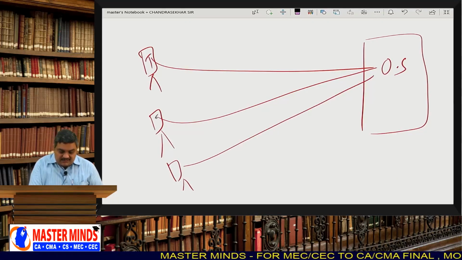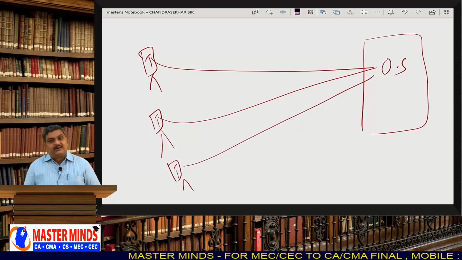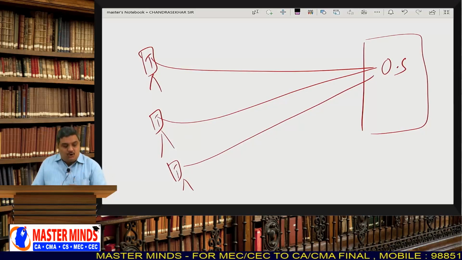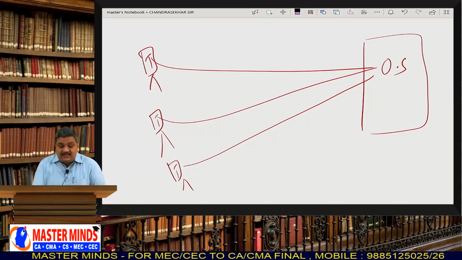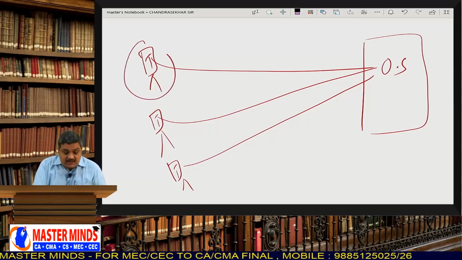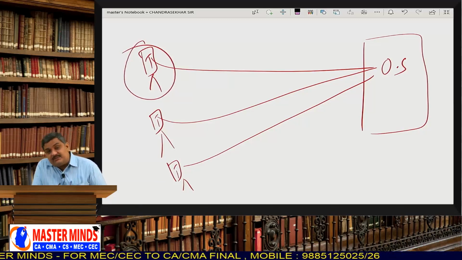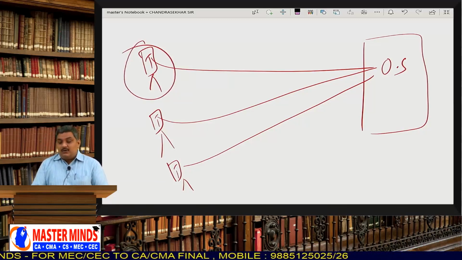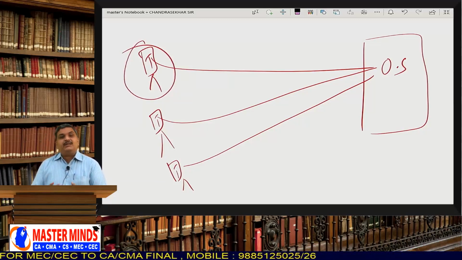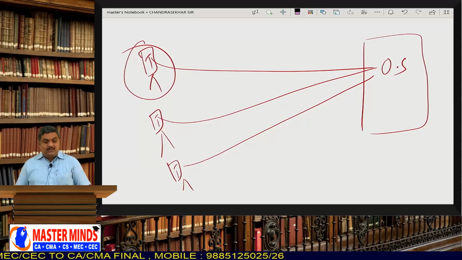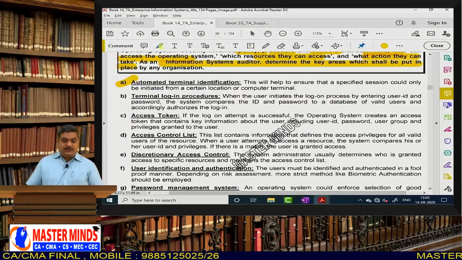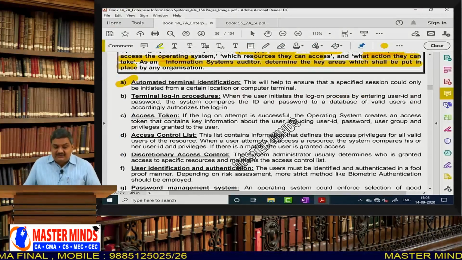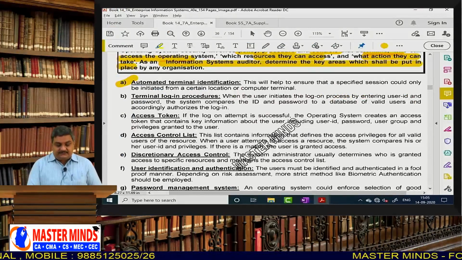This is terminal 1, this is terminal 2, this is terminal 3. Now, the operating system should know from which terminal we are getting the request. Is the terminal an authorized, authenticated terminal or not? So, that mechanism should be there to check unauthorized logical access. That is very, very important. Automated terminal identification.